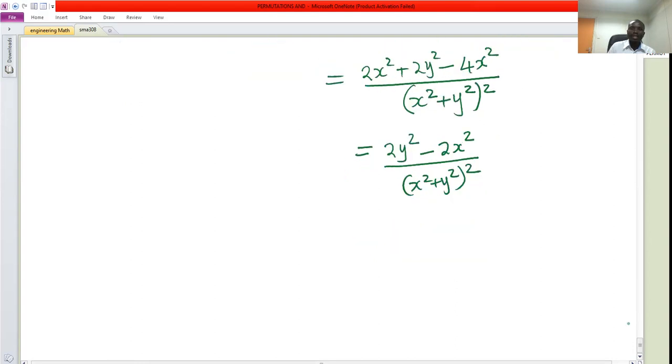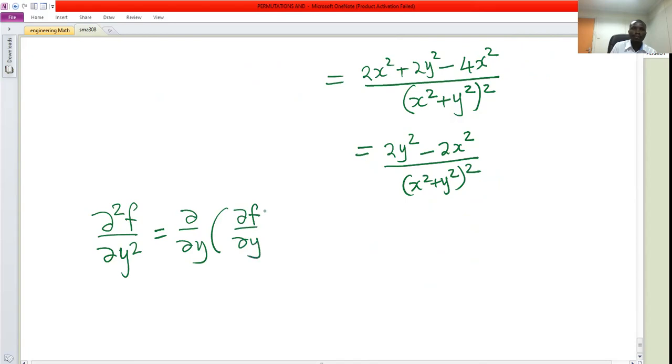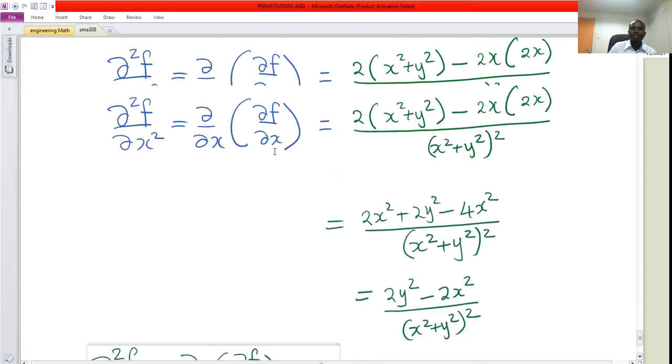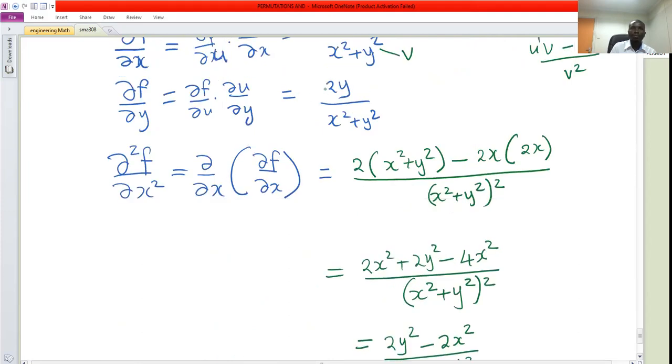Now, similarly, let's get partial squared f partial y squared. This will be partial y of partial f partial y. Similarly, we use the quotient rule to evaluate this derivative. This is u, and this one is v. So u prime, with respect to y, you get 2.